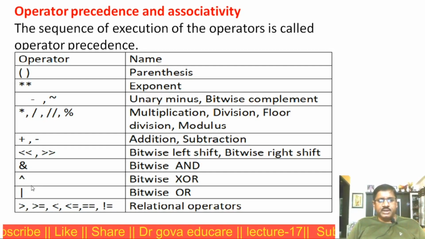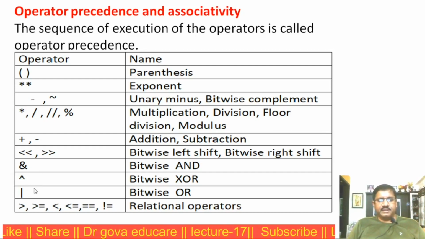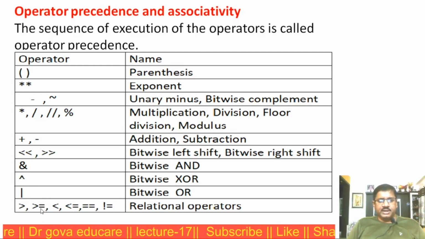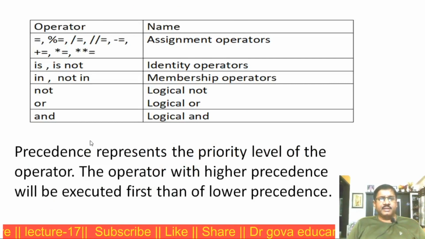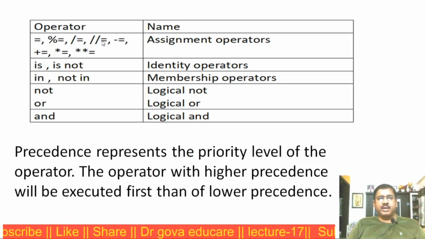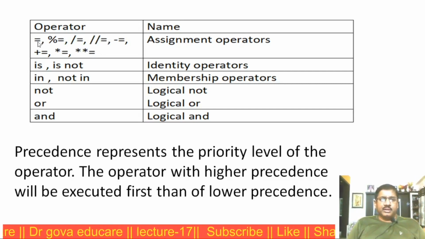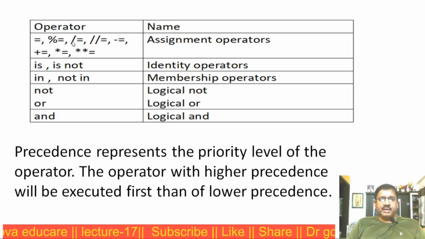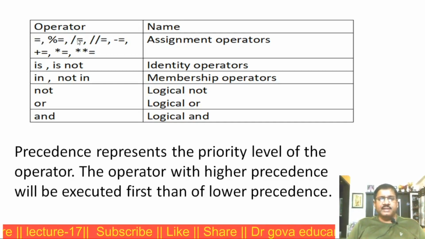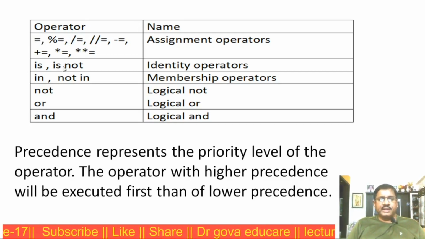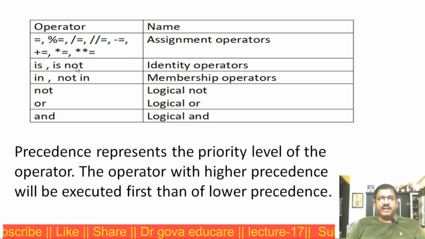The next priority bitwise OR. The next priority relational operators. Now the next priority assignment operators, both the simple assignment operator and also shorthand assignment operators. The next identity operators, that is, is and is not.